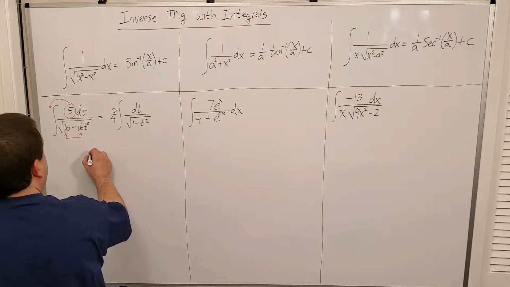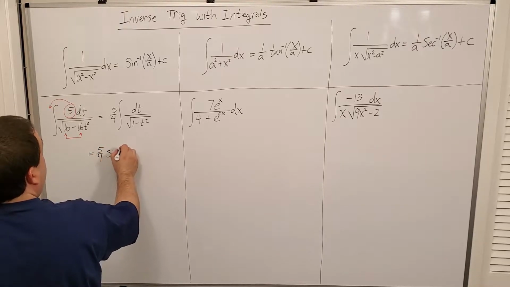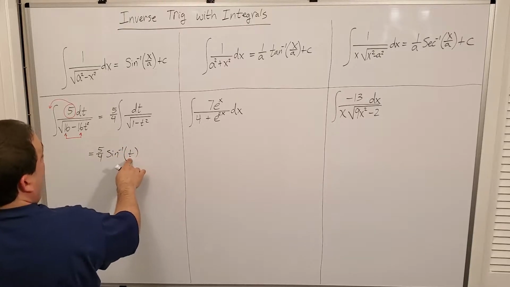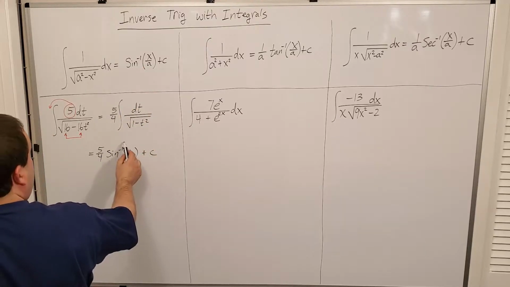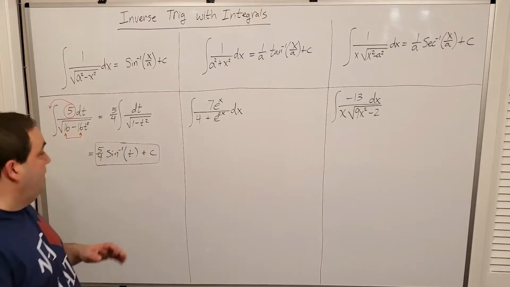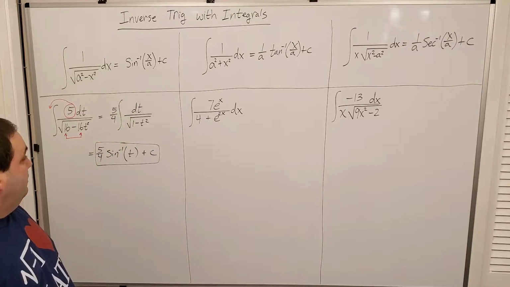I'm just going to get 5 over 4 arcsine of t over 1, right? Because that's over that, plus c. And that's it. So if you can do a slight number manipulation, no big deal. And then you can do your antiderivative.